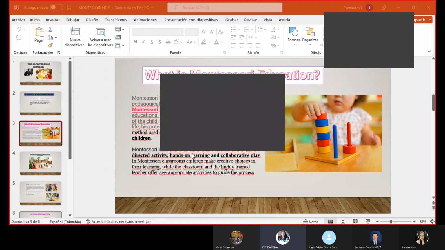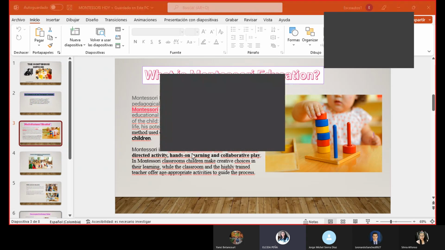Montessori education is a worldwide recognized pedagogical approach developed by Dr. Maria Montessori during the first half of the 20th century. Her educational method is based on the scientific observation of the child, his various stages of development through life, his potentialities, his interests, and his capabilities.